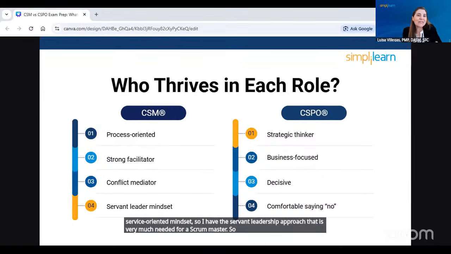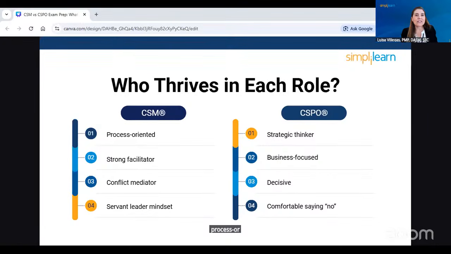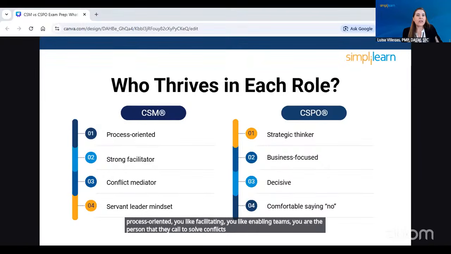So if you identify with these skills, process oriented, you like facilitating, you like enabling teams, you are the person that they call to solve conflicts, you have a very neutral, conflict resolution approach when there are discussions or disagreements in a team, then you might align better with the CSM.